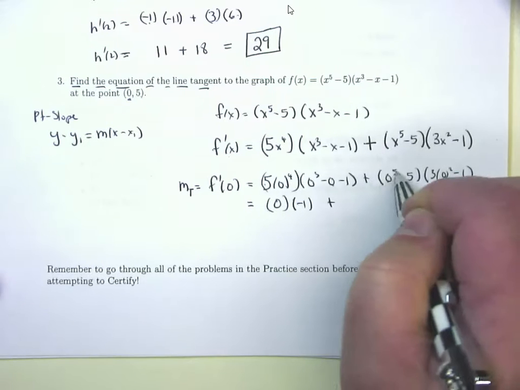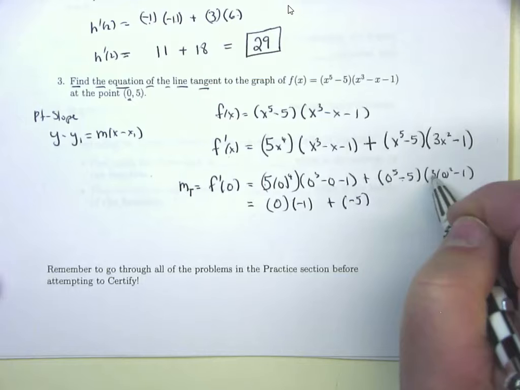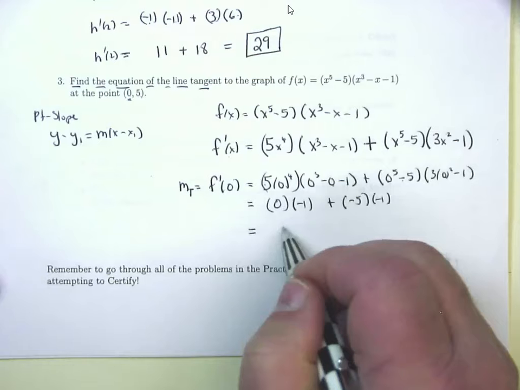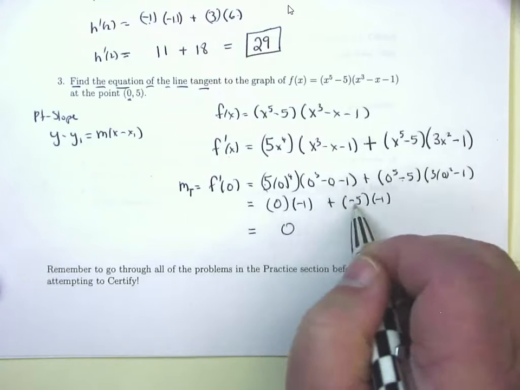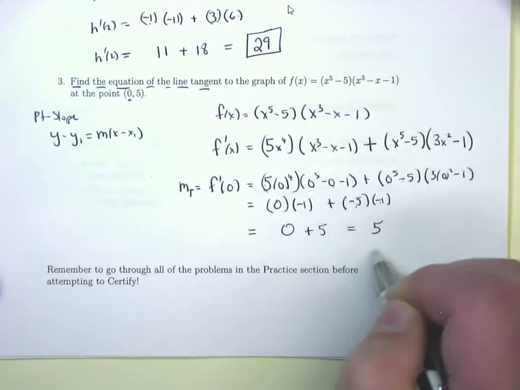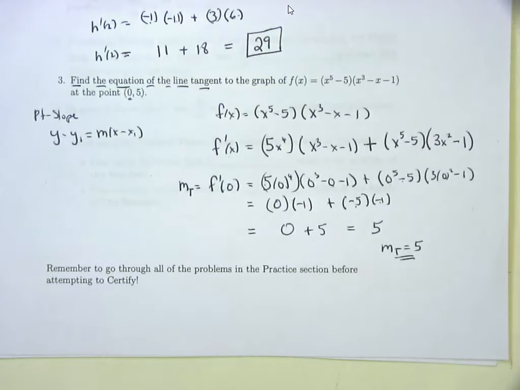Plus 0 to the fifth is 0, minus 5 would be minus 5. And 0 squared is 0 times 3 is 0, minus 1 is minus 1. So cleaning this up, 0 times negative 1 is 0. Negative 5 times negative 1 is plus 5. That gives me 5. My slope of my tangent line is equal to 5.